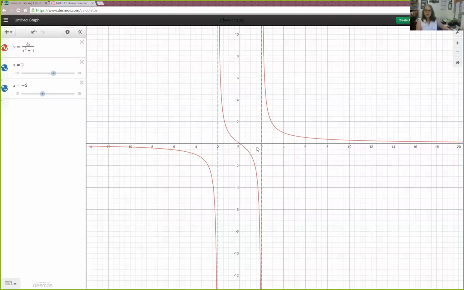It's important to understand that horizontal asymptotes describe end behavior, meaning that the functions will approach the horizontal asymptote as x gets bigger and smaller, as in to infinity and negative infinity. But functions can cross the horizontal asymptote in the middle, and that's what we see happening here.